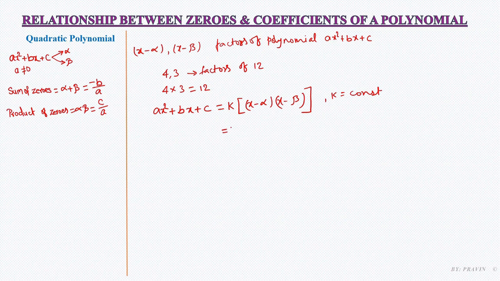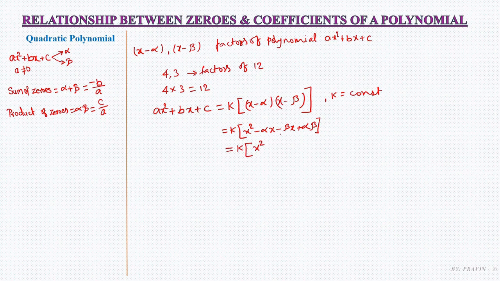Just solve this. What you will get: x into x gives x², minus alpha into x, that is alpha x. Similarly, x multiplied by minus beta will be minus beta x, and minus into minus is plus, and alpha into beta will be alpha beta. Just arranging the terms, you will get k times x².